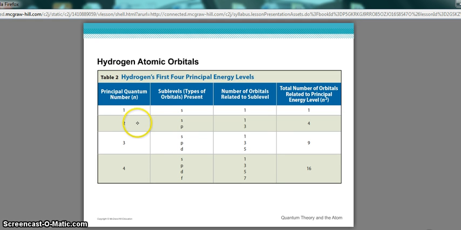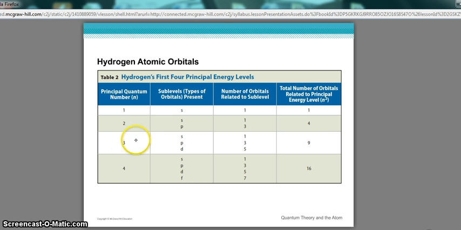If we move to the second energy level, now we have 2 sublevels, 2 different types of orbitals. An S orbital, which is a sphere, and a P orbital, which is the dumbbell shape. Now, the S orbital only has one space for electrons. The P orbital actually has 3. So in the second energy level, we have 4 spaces for those electrons.